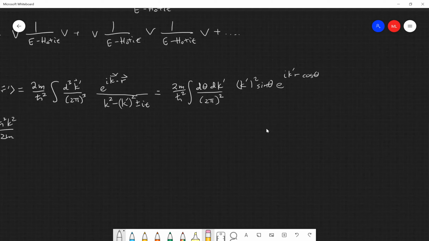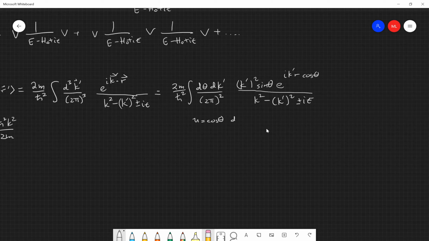You make r along the z-axis, and then you have k squared minus k prime squared plus or minus i epsilon. At this point, you could do the integration over theta. It's a u substitution, u is cosine theta, so du is sine theta d theta.